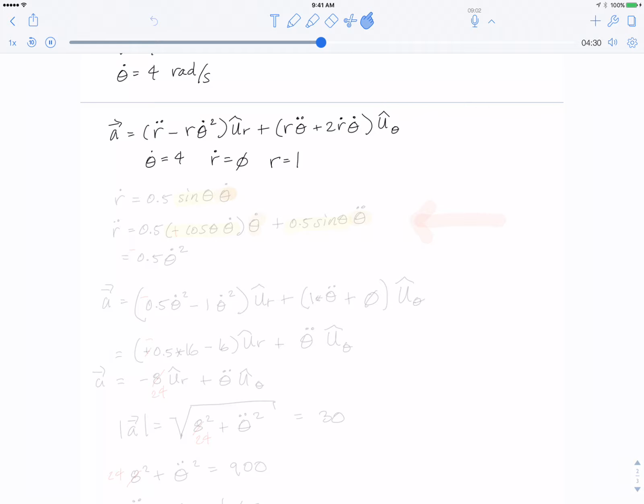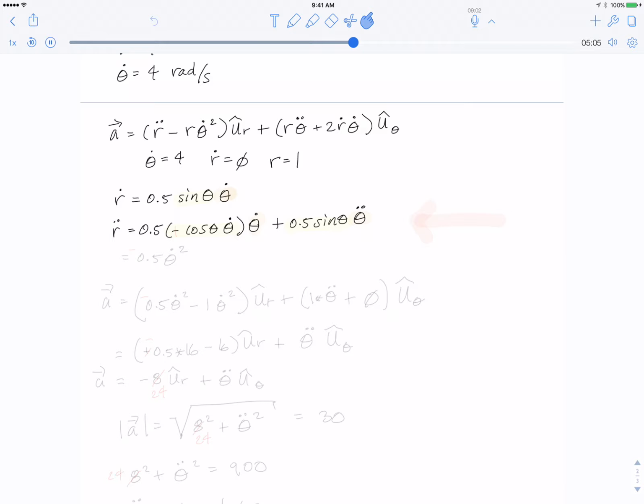So previously we found out that r dot, the function, is 0.5 sine theta theta dot. So it's not going to be too bad, I hope. So r double dot is 0.5. Derivative of sine is minus cosine. And by the chain rule, you have to throw in a theta dot times theta dot, and plus 0.5 sine theta times theta double dot.